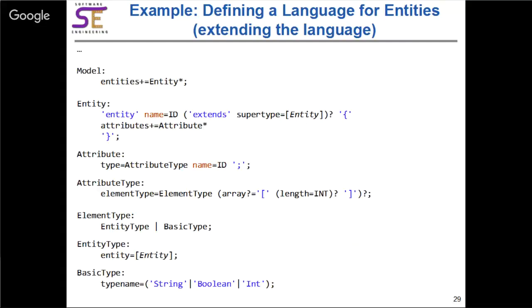The element type now is another rule, and here we say an element type can be either entity type or basic type. Entity type is something that finally refers to an existing entity, or the basic type can be a string, Boolean, or integer keyword.